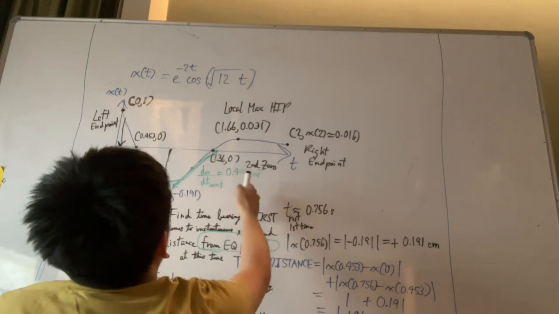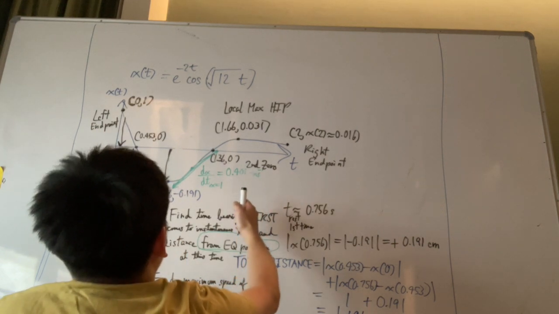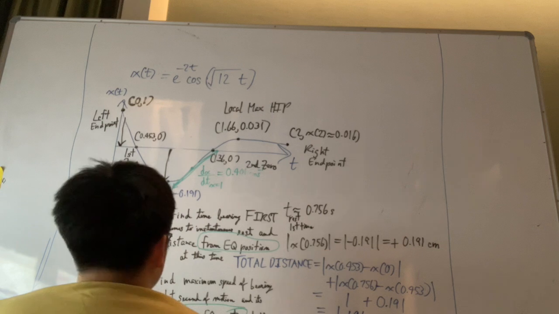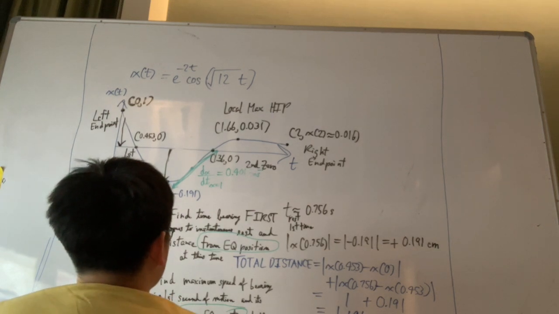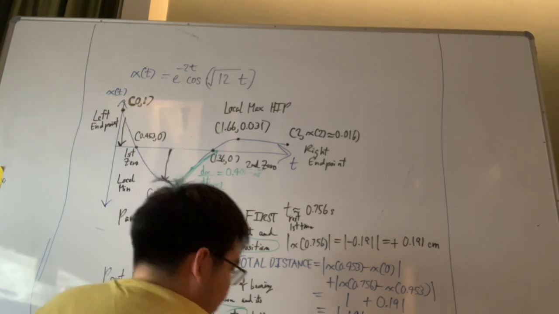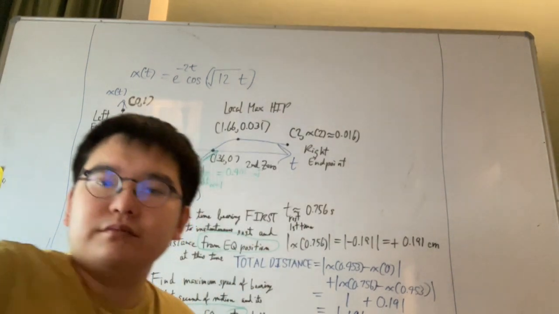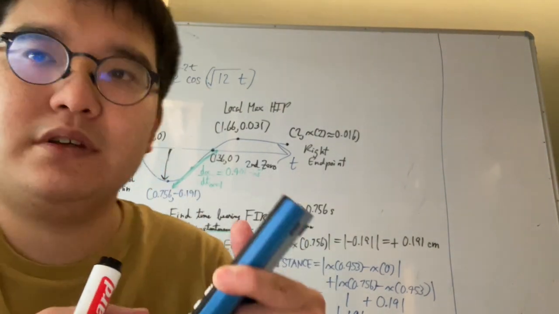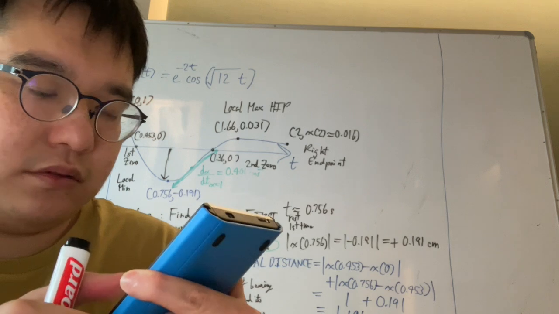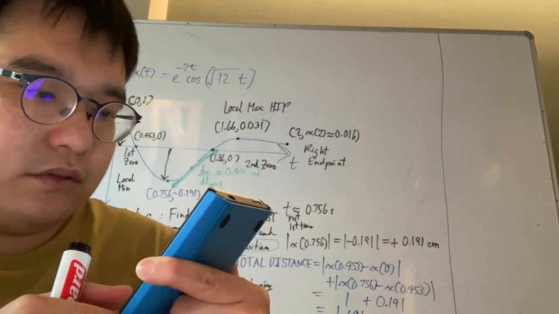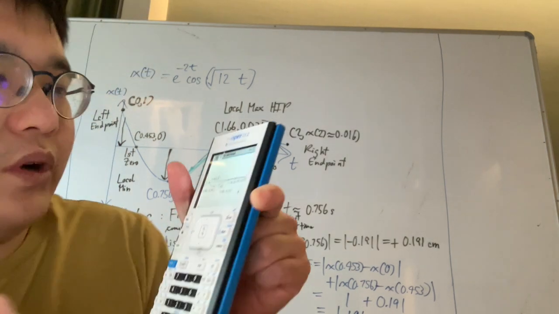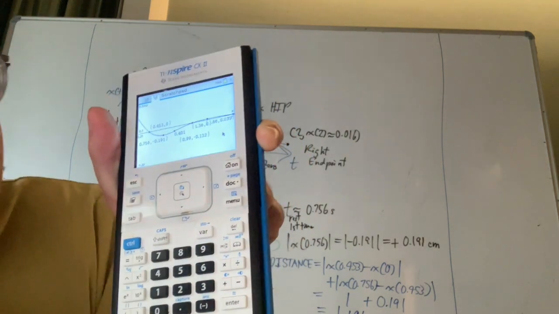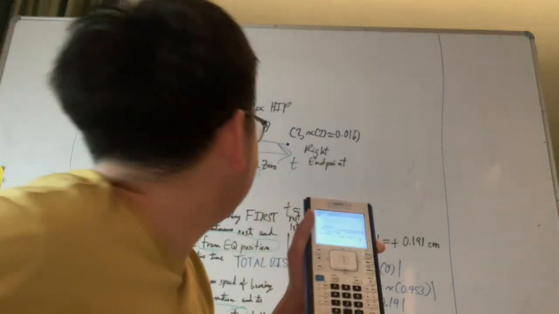Oh wait, sorry, from 1. From x of 1, at the first second of motion. I'm sorry, I forgot, I made a mistake there. It's too much stuff. So the 1 corresponds to negative 0.312.